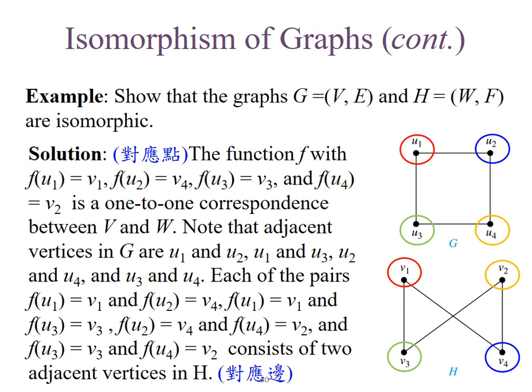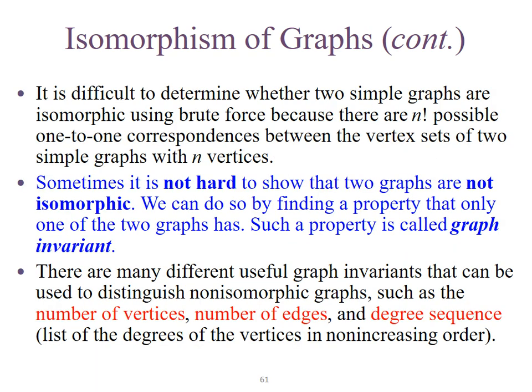Once you verify U1, for U2 we have three different candidates, and for U3 we have two candidates. So if you have n vertices, you can try n factorial possible one-to-one correspondence functions. So it's very time consuming and the operation is very exhaustive.